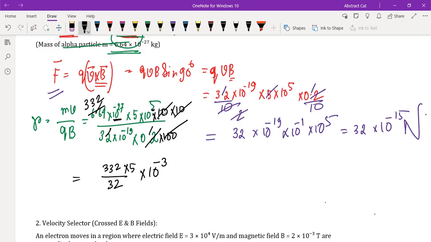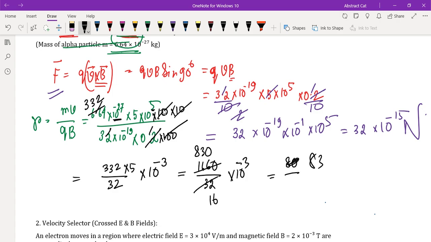Then 5 into 332 is 1660 by 32 into 10 to the power 3 minus 3, which is 16 and so on, and you get 83 by 16 and 10 to the power minus 2.